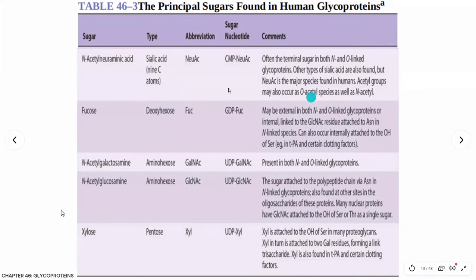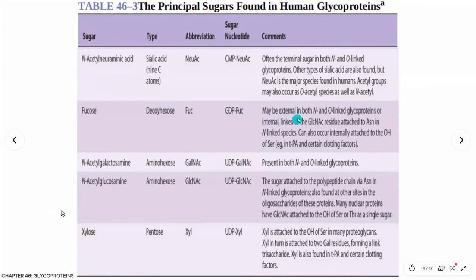Then we have fucose. Fucose is a deoxyhexose from glucose. From glucose, your glucose loses an oxygen. And the abbreviation is Fuc. Carrier nucleotide GDP.